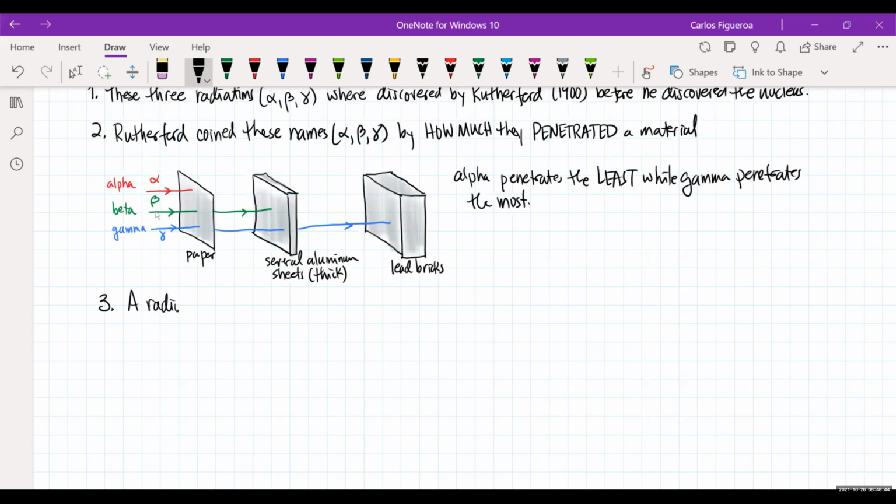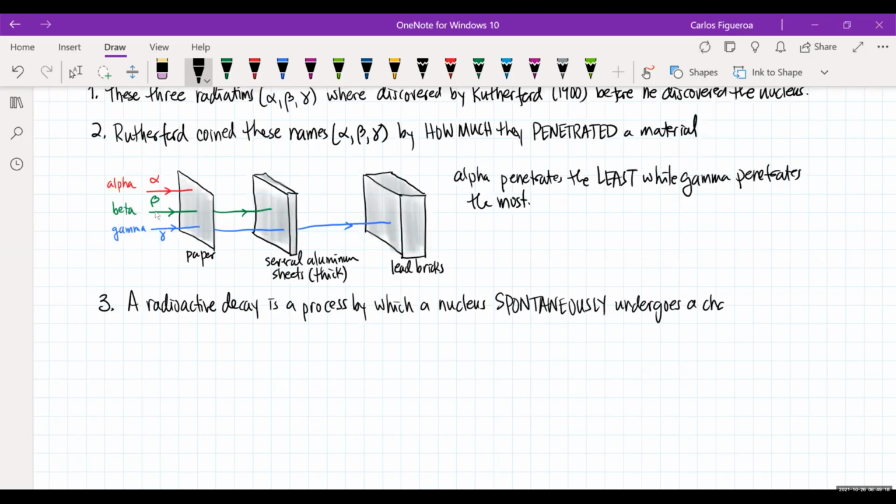A radioactive decay is a process by which a nucleus spontaneously undergoes a change that emits energy.